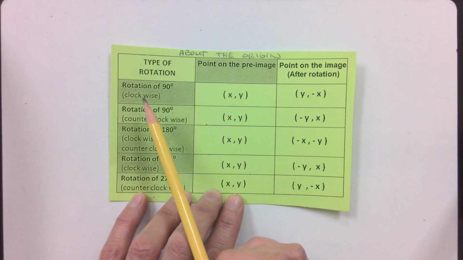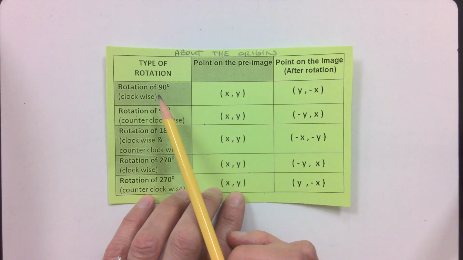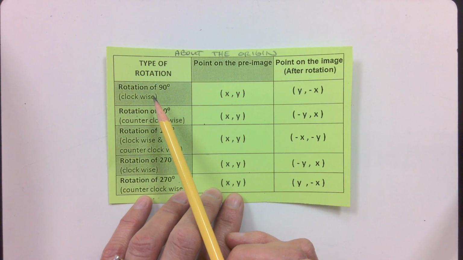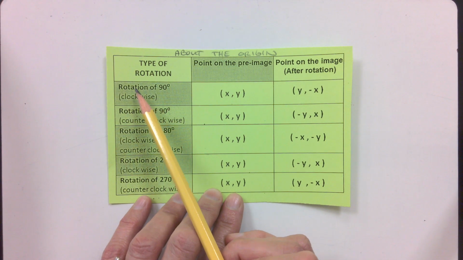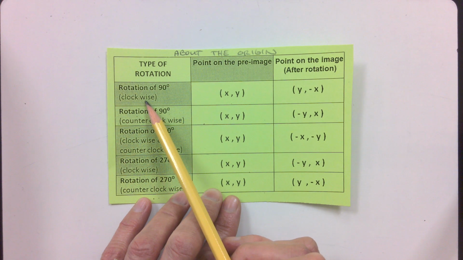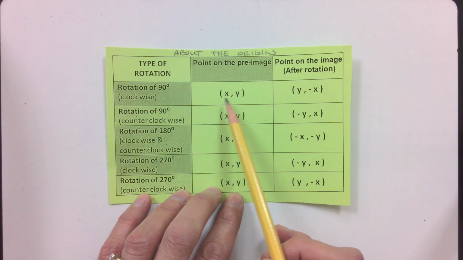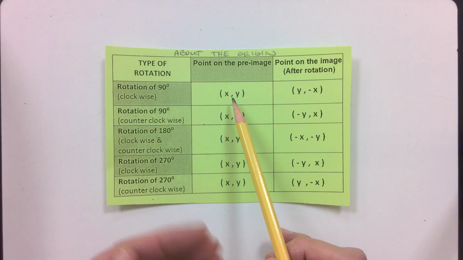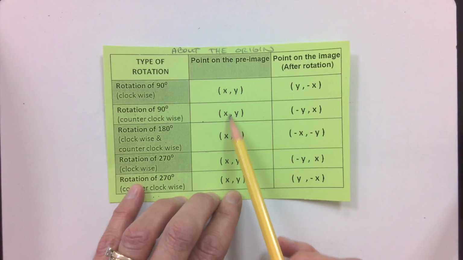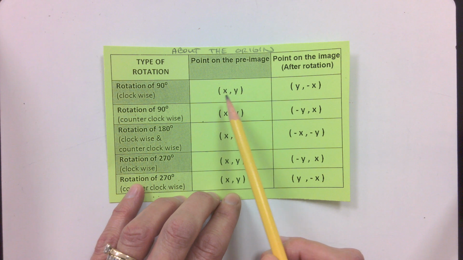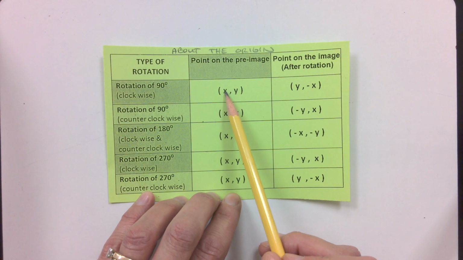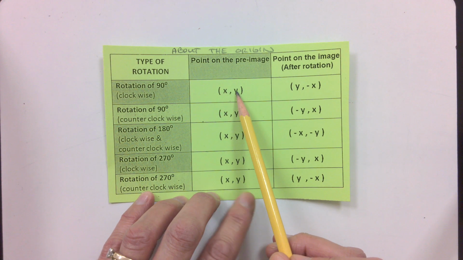For these tricks, you'll notice from the Desmos activity that you just did, that for a rotation of 90 degrees clockwise, you start off with an original ordered pair. This column here is for any ordered pair that you have. It doesn't matter what it is. This just represents your original ordered pair.